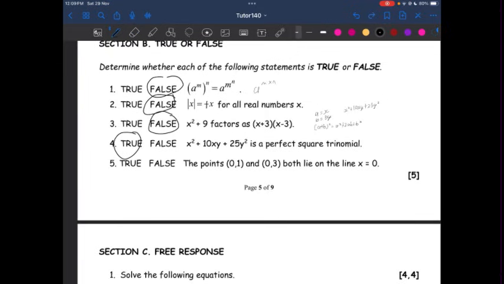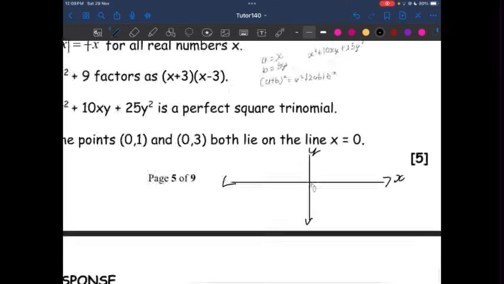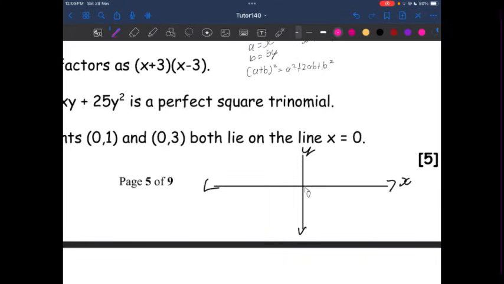The points (0, 1) and (0, 3) both lie on the line x equals 0. So if we have our graph, this x and this y, this is where x is equal to 0, right? And if we want to draw that line, it'd be like this.